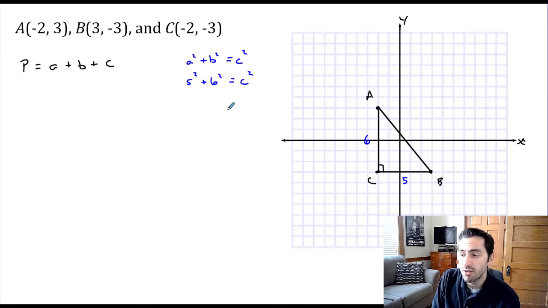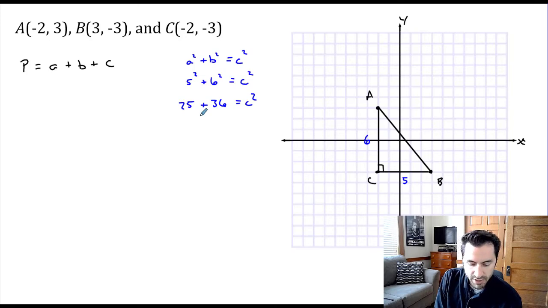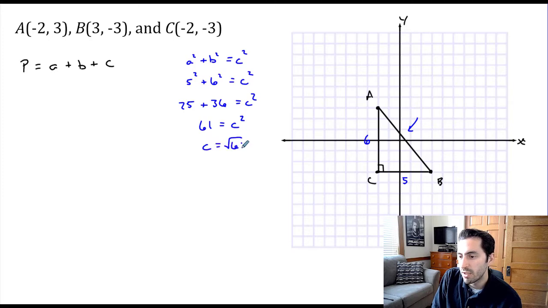Remember, the hypotenuse is always the side that's across from the right angle. So 5 squared is 25, 6 squared is 36, 25 and 36, that's equal to 61. So that means that this side length, taking the square root of both sides, we get the square root of 61.